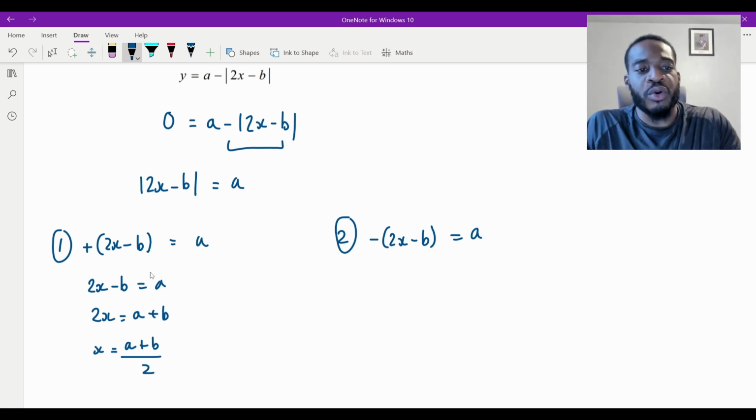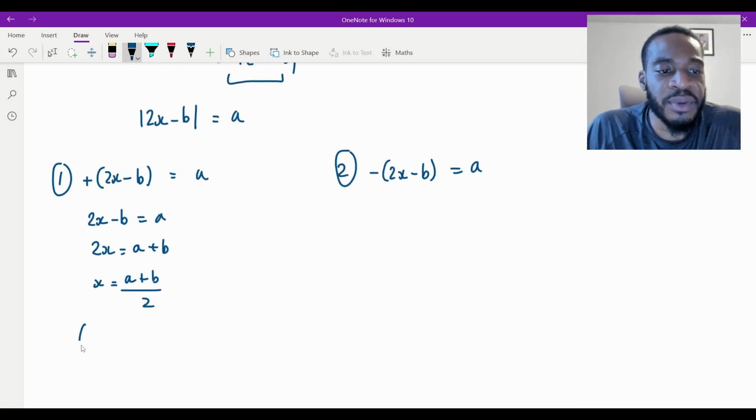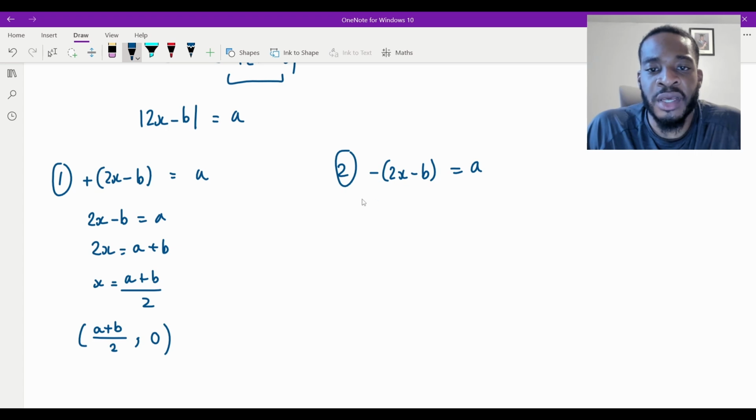Perfect. So one coordinate is going to be when x is equal to a plus b over 2. And then the y coordinate is going to be 0, isn't it? So that's one of them. And then this one here, the negative version, you can divide by -1, or yeah, I'll times both sides by -1 now. So 2x minus b is going to equal minus a, right?